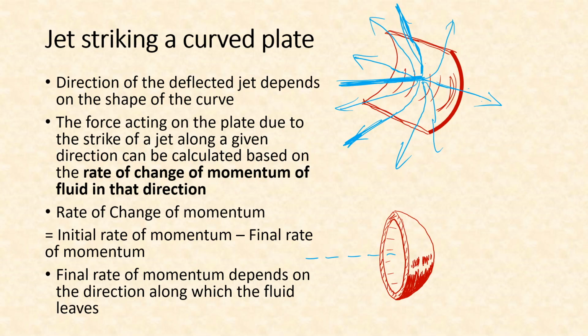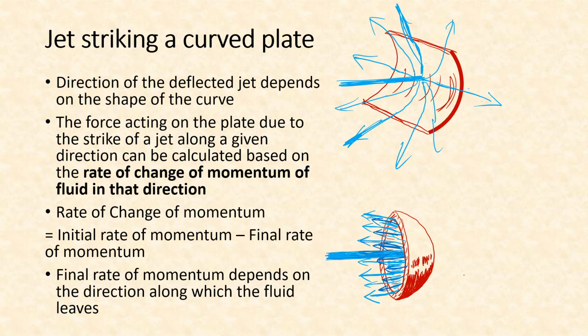So we're going to consider a jet striking this kind of a plate at the center, suppose. When it hits the inner side of the surface, water will come out in these directions.